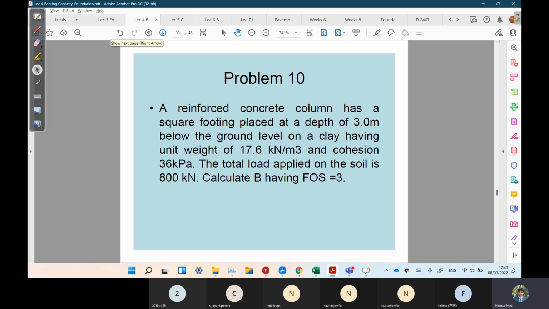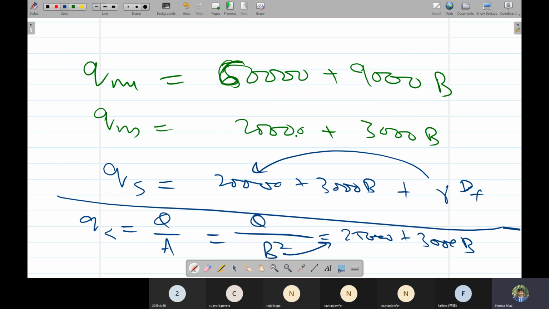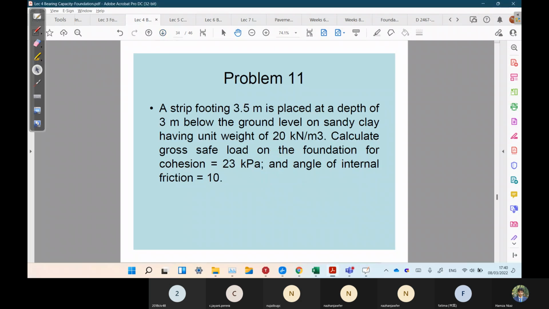For this one, they are saying this concrete column at 3 depth, clay unit weight is this, cohesion is this, load applied is this, calculate B. Again, this is the same question as the last one. Again, we have to find the B, and some expression would be developed in this question also. This footing is at a depth of 3 meters below ground on sandy clay.